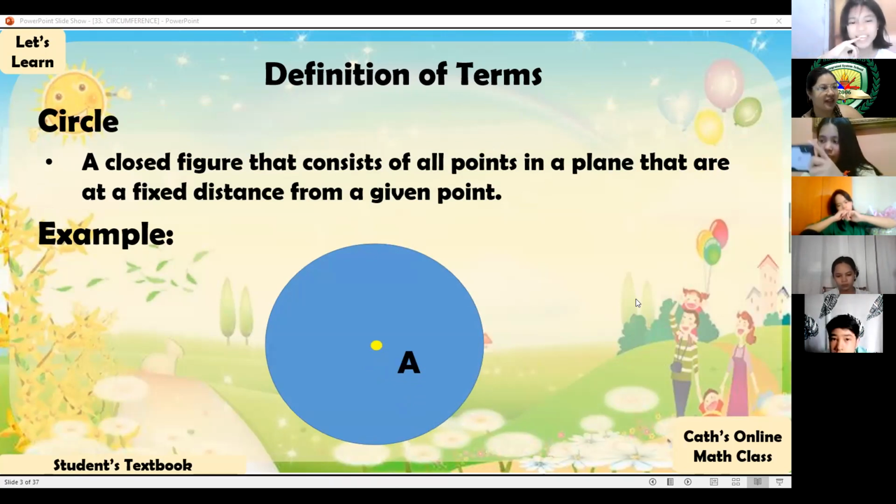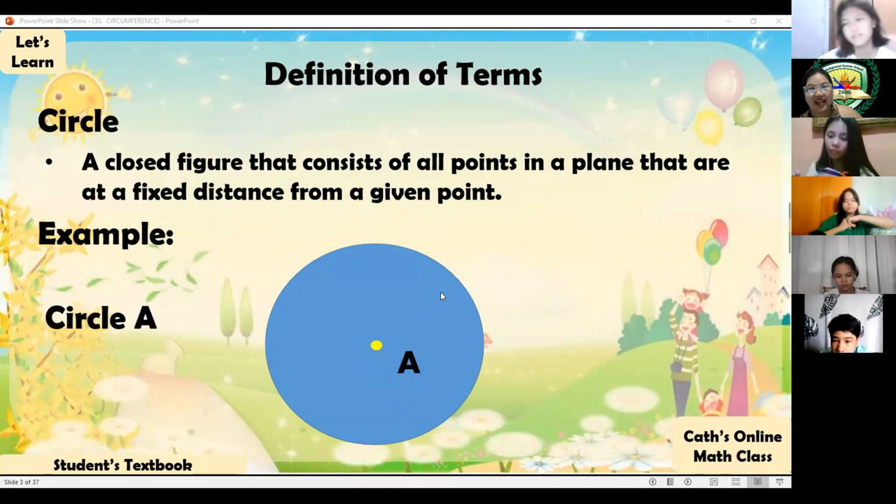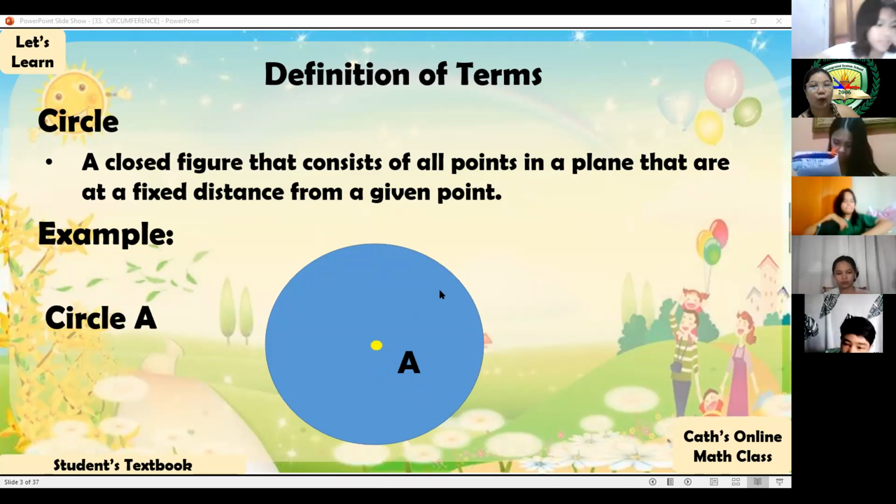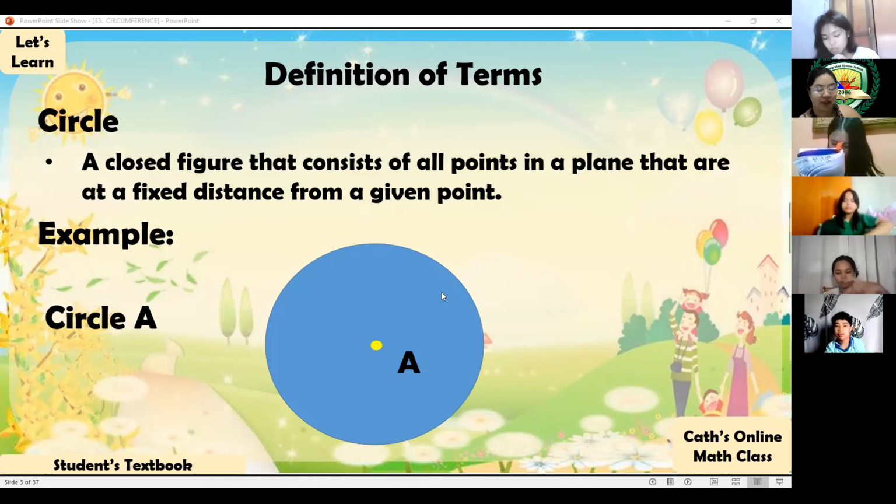Circle A. Tama. Do you understand on how to name circles? Yes. Okay, so we can name the circle by the center point. Next. Finish copying.